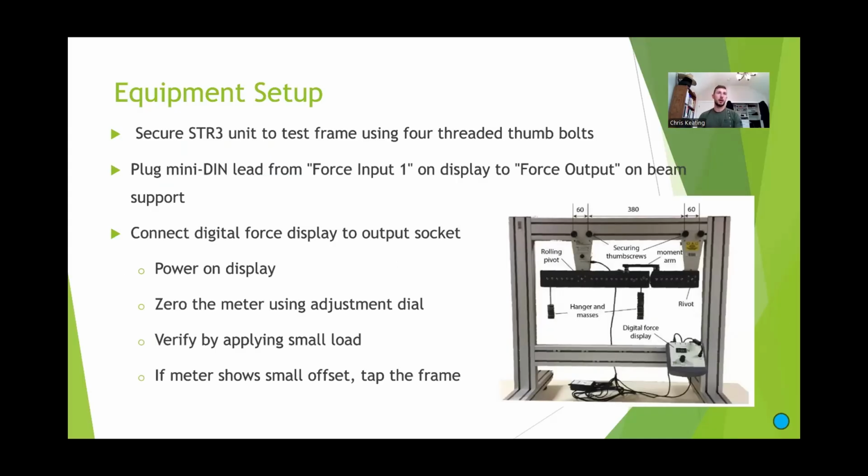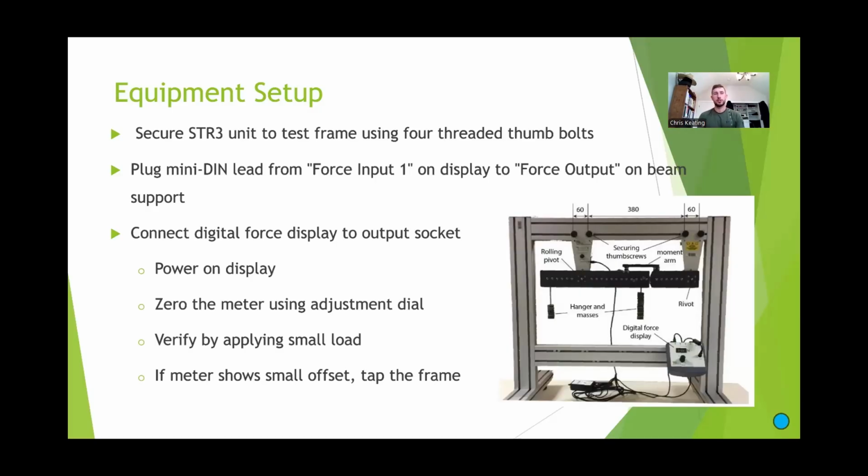So let's see, equipment setup. We started off with the STR3 unit test frame using four threaded thumb bolts. We plugged in the mini DIN lead from force input 1 on the display to force output on the beam support so that it can measure it. We connected the digital force display to the output socket, and from there we powered on and zeroed the meter.